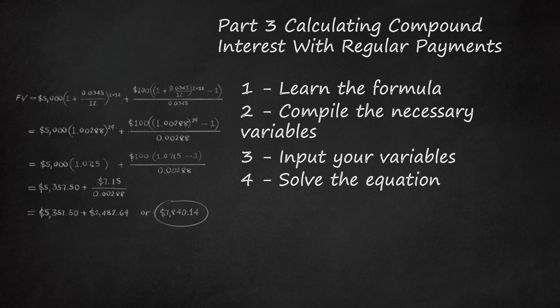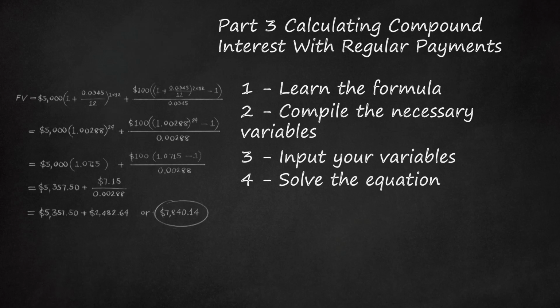This gives FV = $5,000(1.0715) + $100(1.0715 - 1)/0.00288.